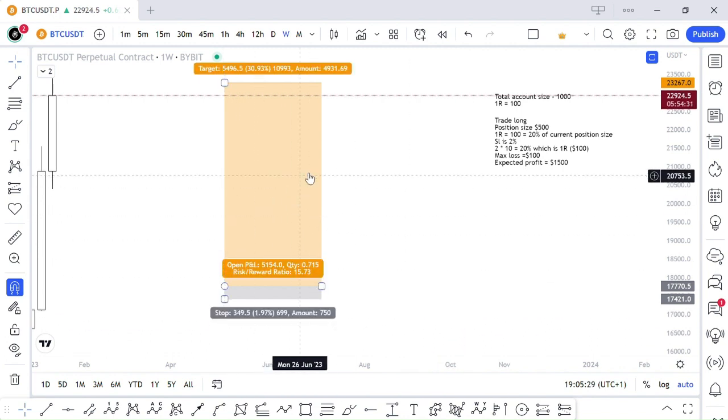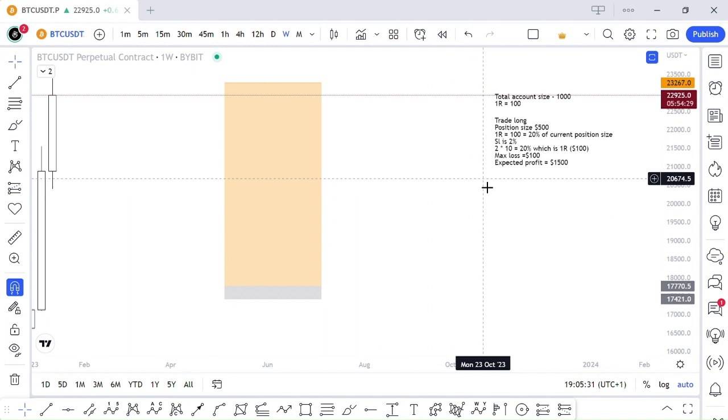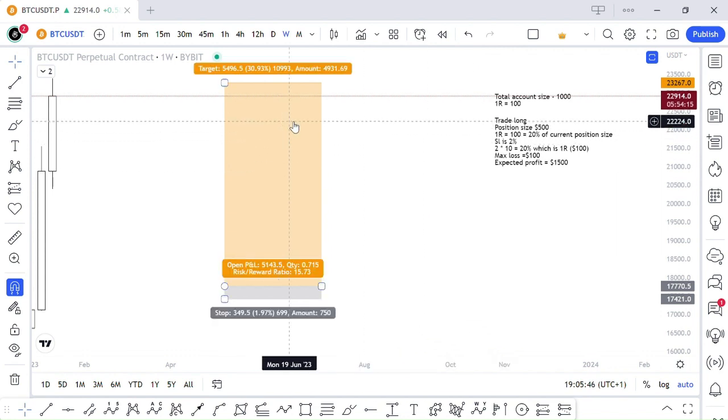So in this particular trade, let me just recap. Our total account size is $1000. Regardless of the position size in each trade, the max loss will be $100. Now, if we take a long in this 15R setup with $500, we can only risk 20% of the entire position, which is $500, not the entire account.